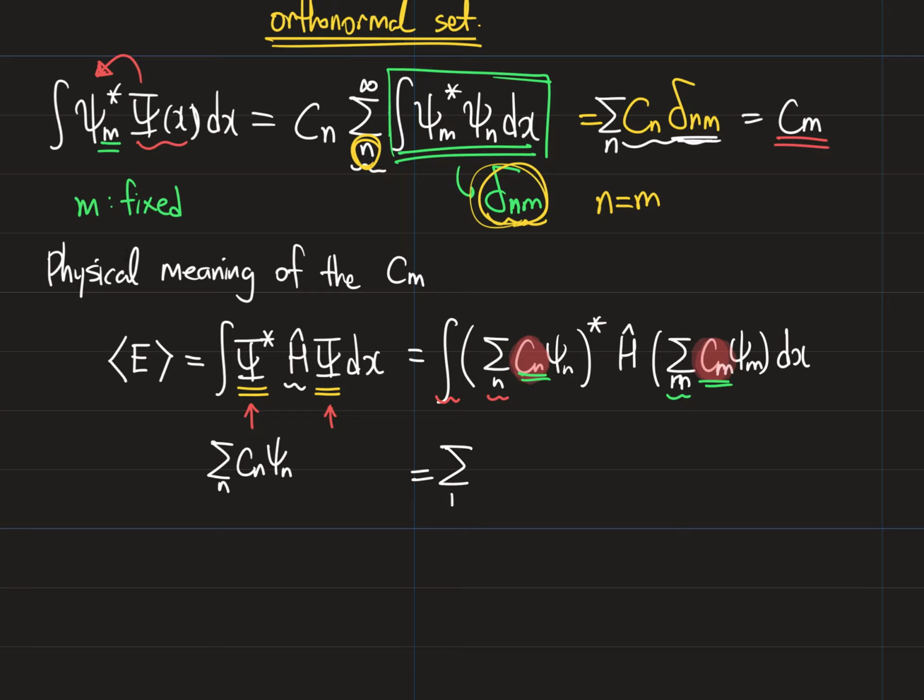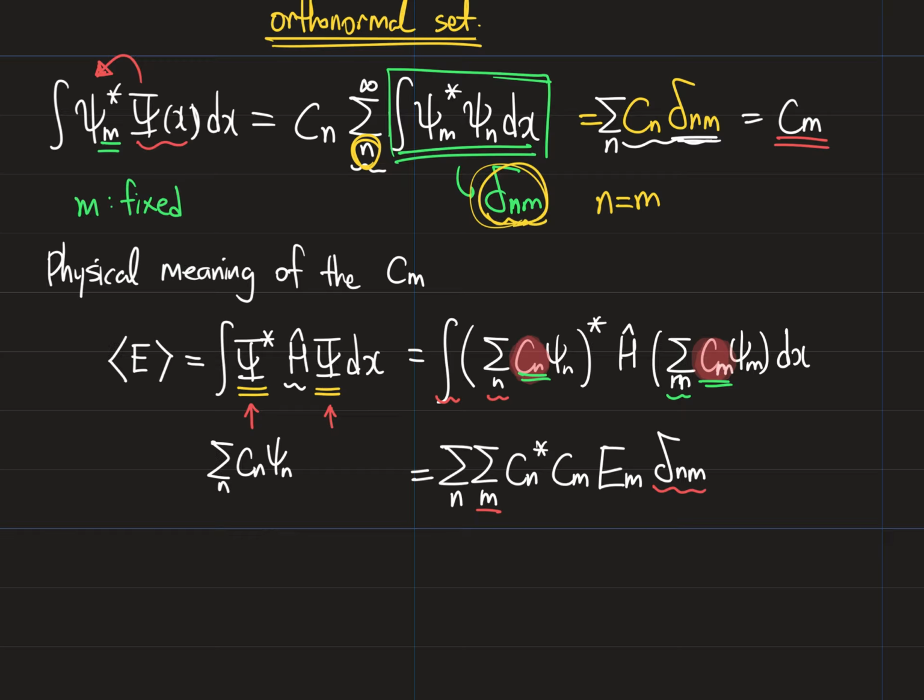So the final expression should be something like a double summation over the indices n and m: Cn star, Cm, Em, Kronecker delta nm. From this expression, we have the Kronecker delta here, so we can run the summation index for m first.